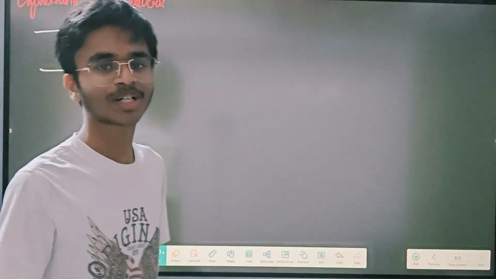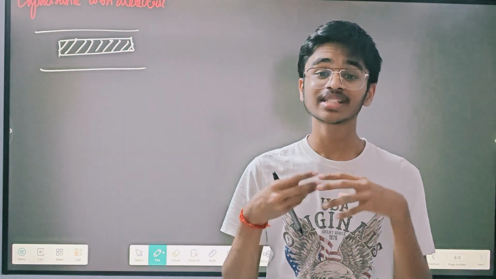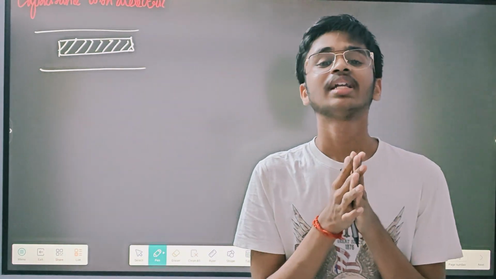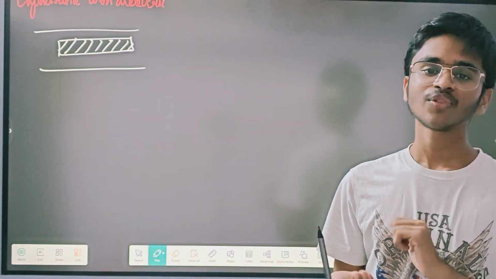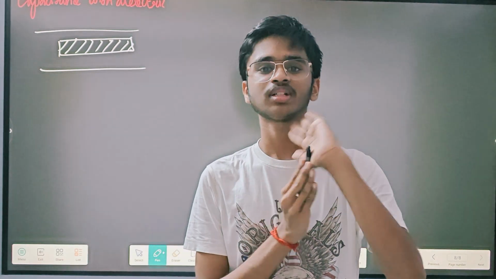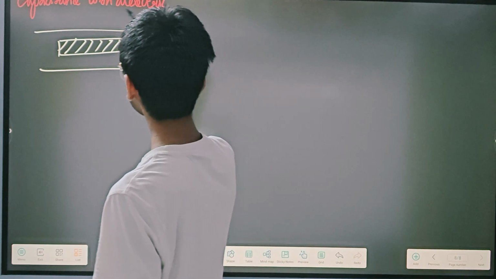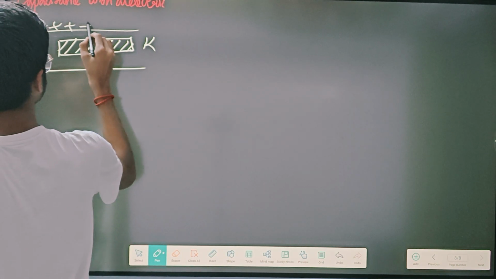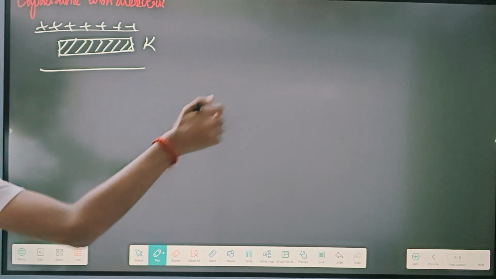I won't explain because it'll take time. Dielectric is an insulator, sorry, I said conductor by mistake. Dielectric is an insulator which can form charges if you rub on it. That is what we call a dielectric. Okay, so this is K. This is positive, and then this is going to be negative.